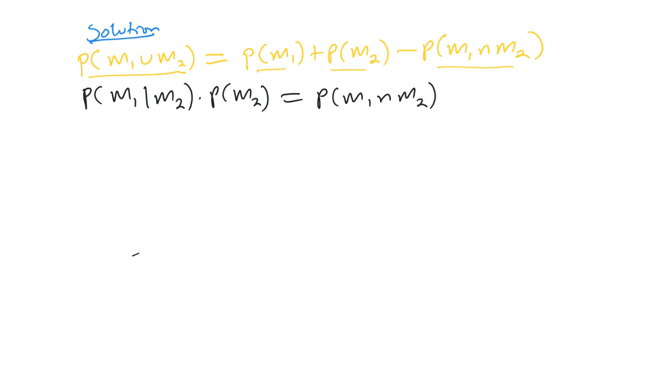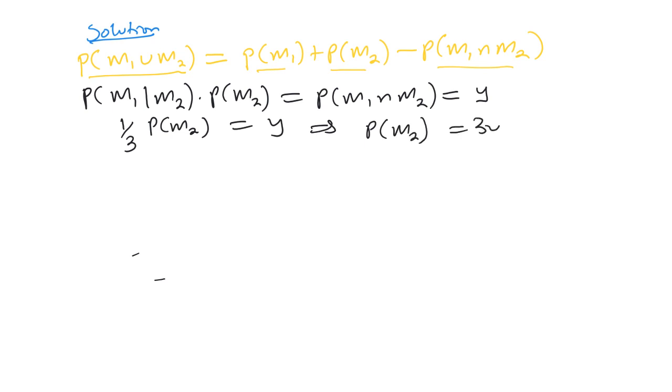So what we can do, let's call this maybe Y. So that in our substitution, M1 given M2 is a third, times the probability of M2, is equal to Y. And this means that the probability of M2 is 3Y.